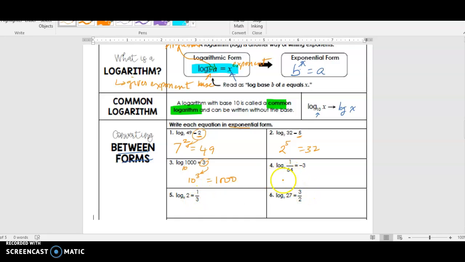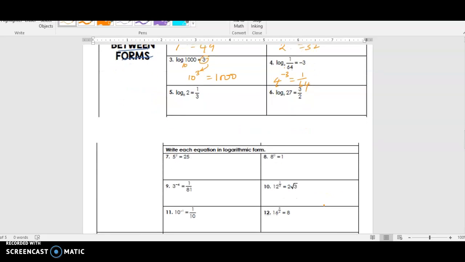It's still the same concept. 4 is the base. Base is always the base. 4 to the power of what is 1/64? 4 to the power of negative 3 is 1/64. And so on and so forth. I will leave these to you to write down the exponential form.